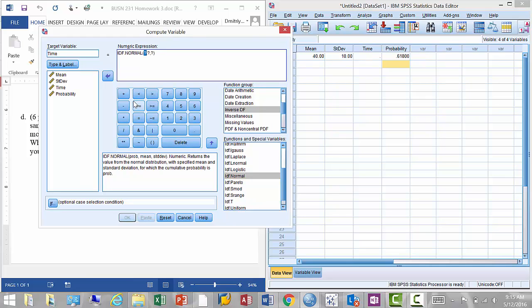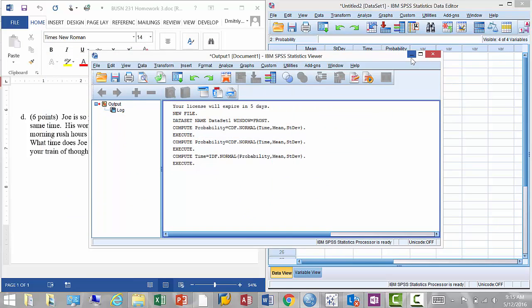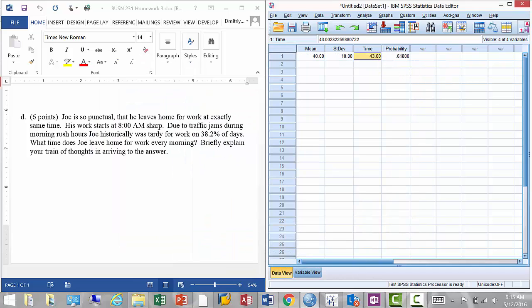Double click, and it takes 3 values, right? Value number 1 is the probability. That's the one right here. The value number 2 is the mean for the normal distribution, and the value number 3 is the standard deviation, okay? And when I click the OK button, it says I'm going to recompute the variable. Yeah, do that.